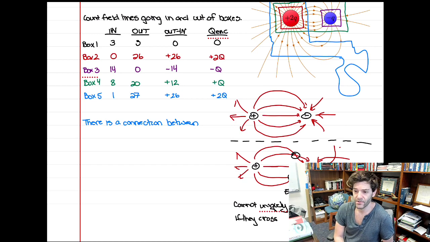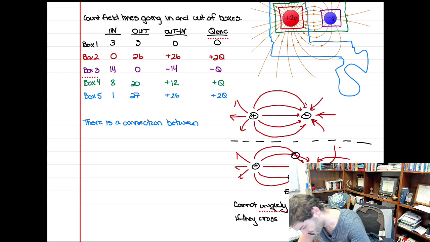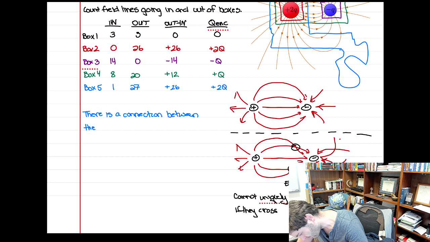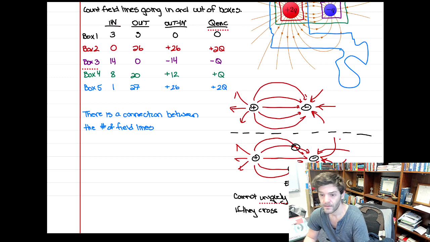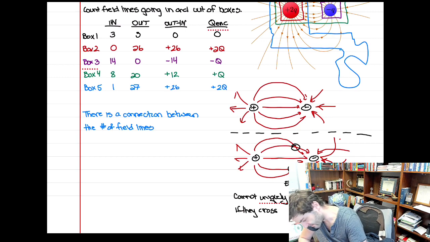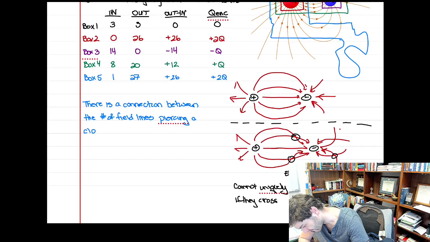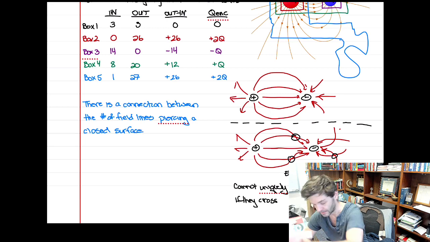There's a connection between the number of field lines, I guess, piercing a surface. And I'll be explicit, piercing a closed surface. Notice for all these we drew a closed box. I didn't just draw a line.